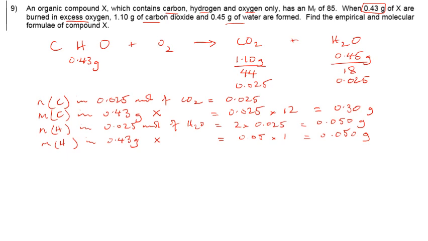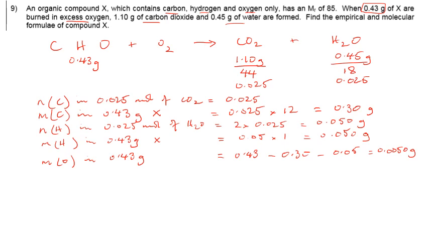So let's work out the mass of oxygen. So the mass of oxygen in our 0.43 grams equals our total mass, 0.43 grams, minus the mass of carbon minus the mass of hydrogen, and that comes out to be 0.005 grams.